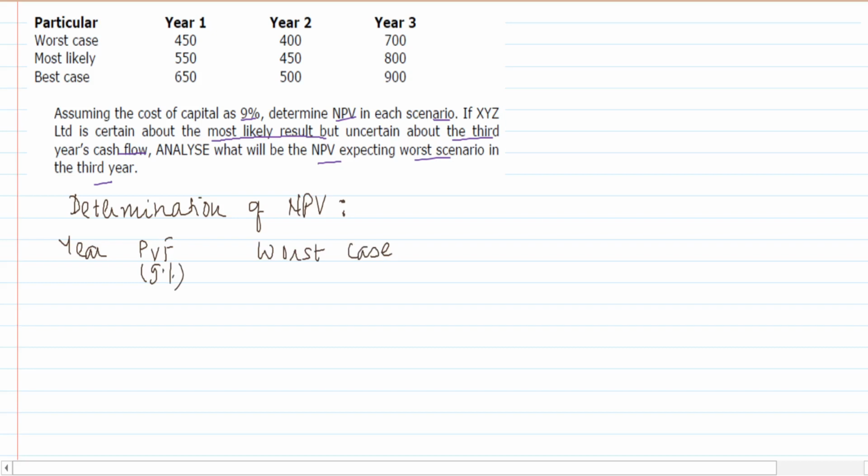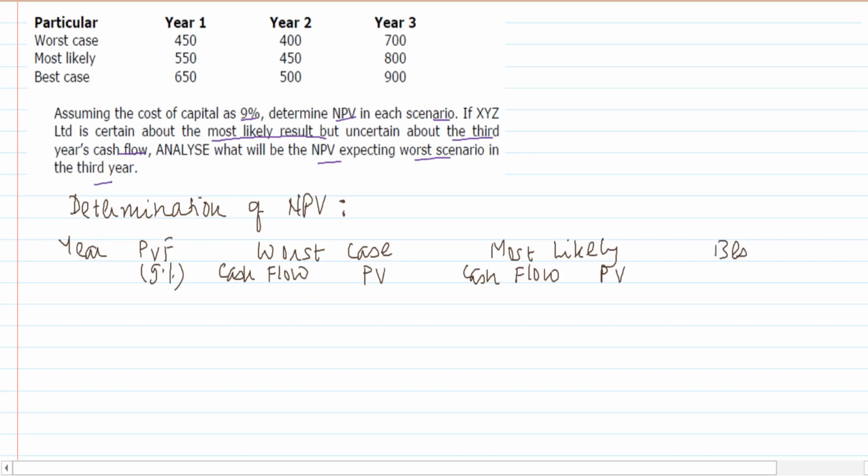Worst case, we consider the cash flow and then the present value. Then we say most likely, cash flow and the present value.